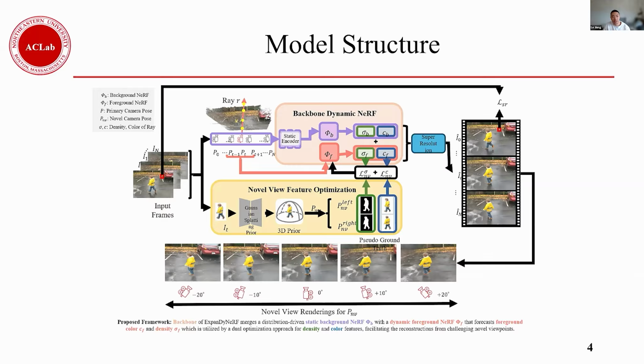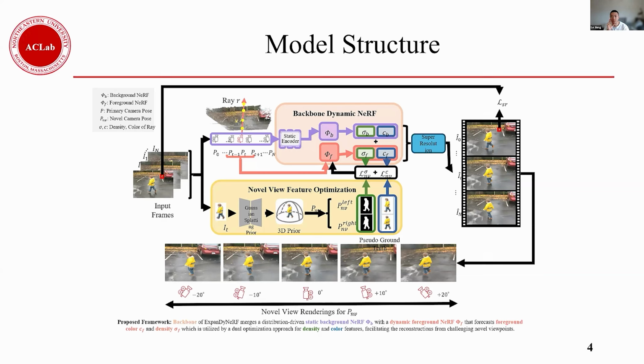After that, the second part is the novel view feature optimization branch. This branch uses the Gaussian splatting prior to generate pseudo ground truths for arbitrary viewpoints on every frame.